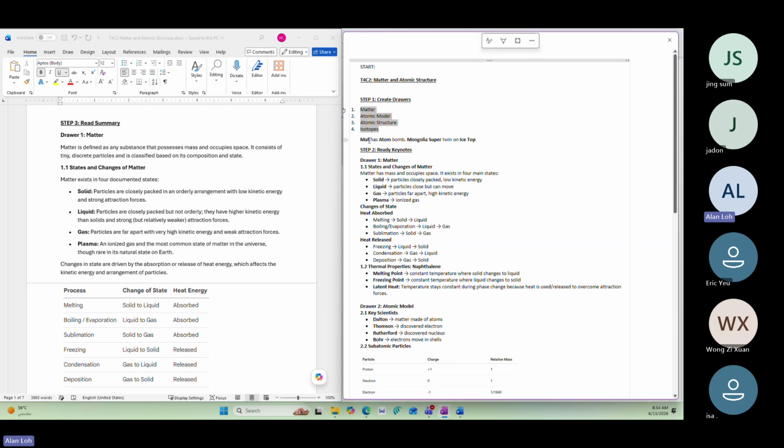Right. So there's a guy called Matt, or Matthew, short name for Matt, who has an atom bomb. You can imagine a guy that is holding an atom bomb. Then you have this Mongolia super twin. There's a twin baby, so you can imagine twin kids. They are from Mongolia. They are on the iStop. So Matt is linked to matter. Atom bomb is linked to atomic.